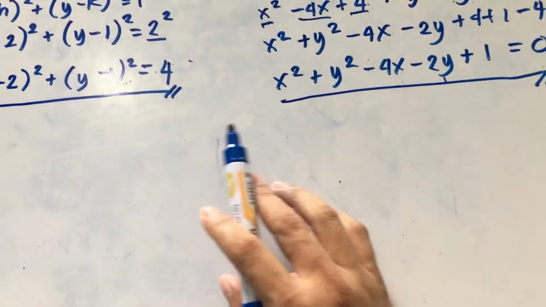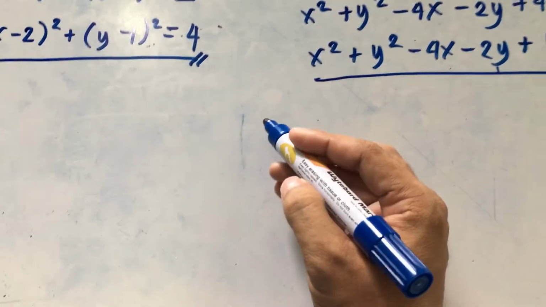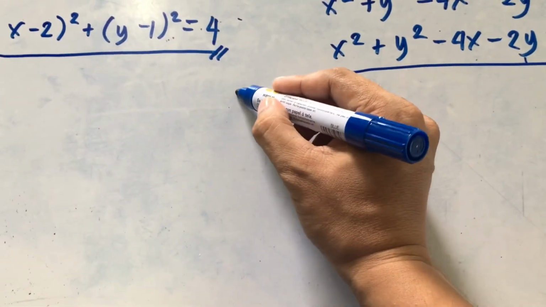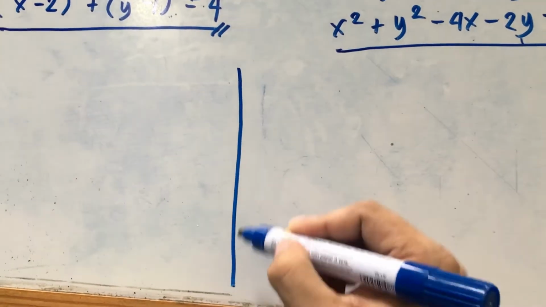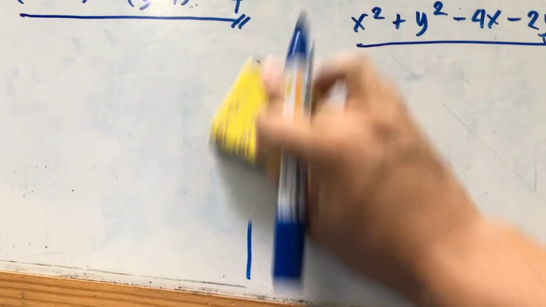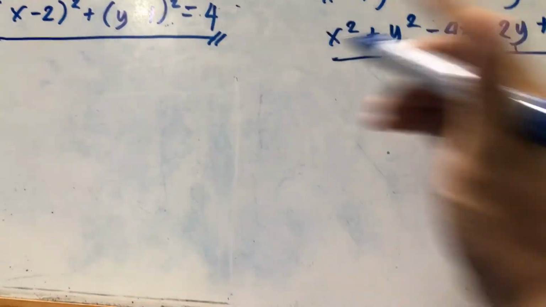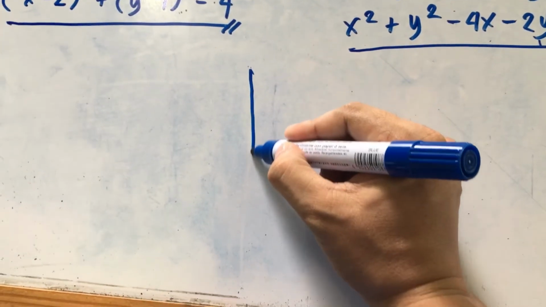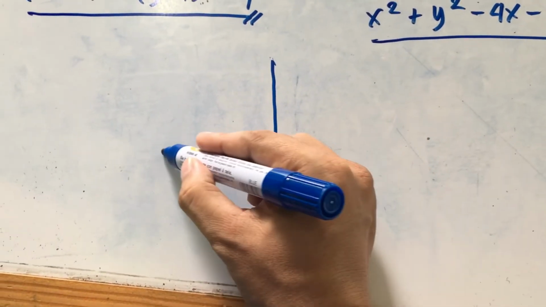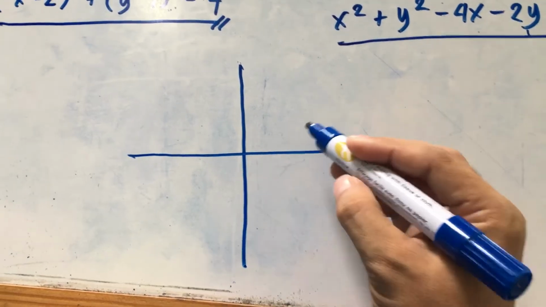Now, the question here is how to graph a circle. Now, to graph a circle, we need a Cartesian coordinate plane. I'm sorry, the line looks crooked. Okay?